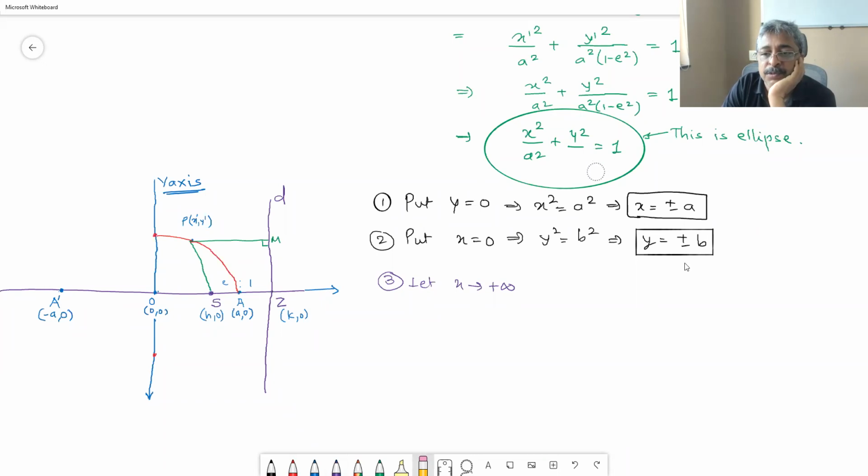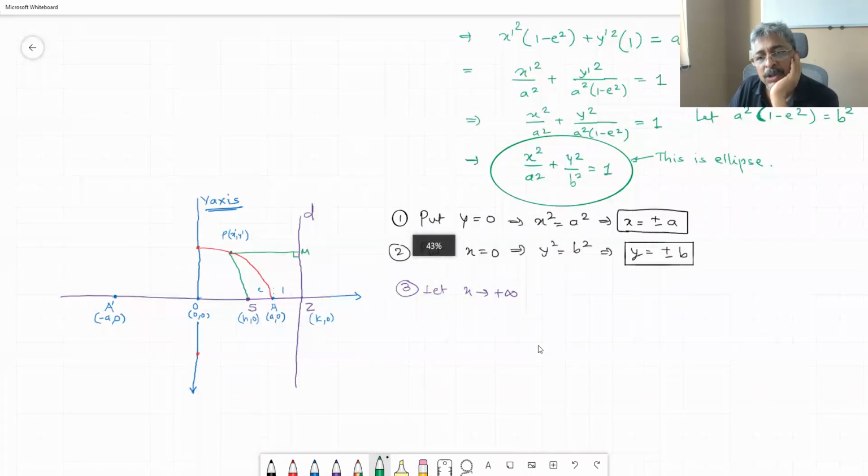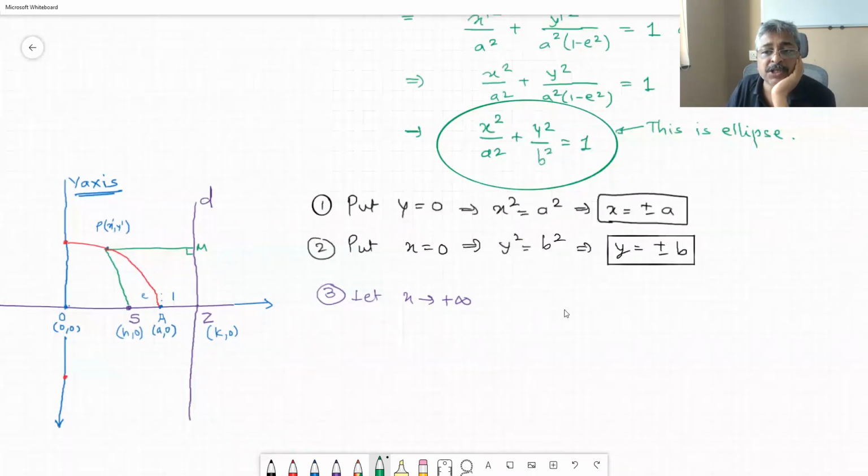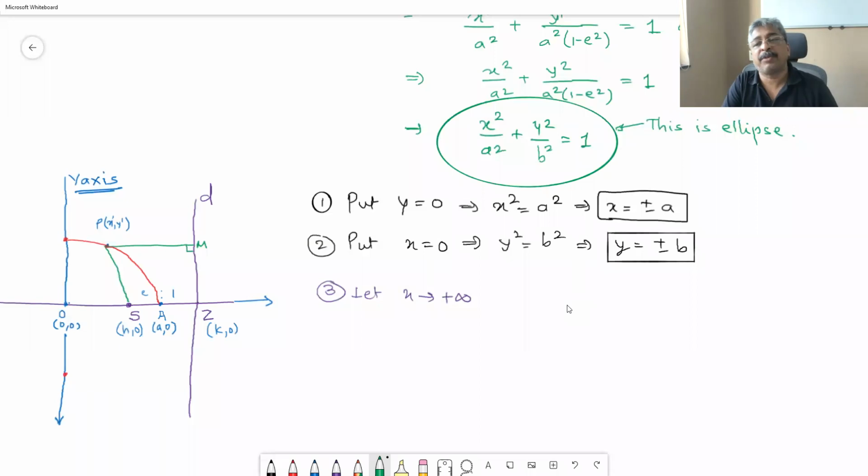If x takes very high values, it is not allowed. x cannot take very high values as far as this expression is concerned, because eventually the summation of two squares is supposed to be 1. So let x tend to infinity, not possible.